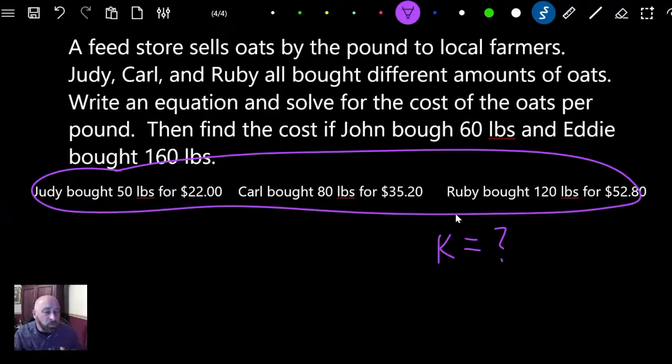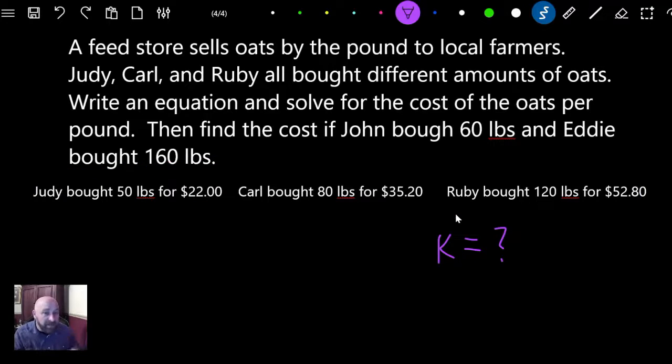If we have the same constant, then we have a direct variation. It varies directly, and this constant is what makes it vary directly. So we want to just divide those out.